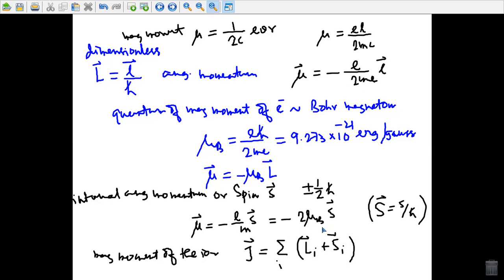So the magnetic moment of the whole atom or ion, which is in fact our main interest, is the sum of the contributions of all its electrons. The electrons in the atom are arranged in shells so that each electron in every shell has a specific angular momentum. The total angular momentum of electrons in a full shell or subshell is zero.